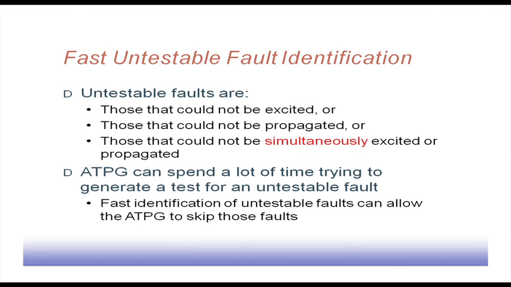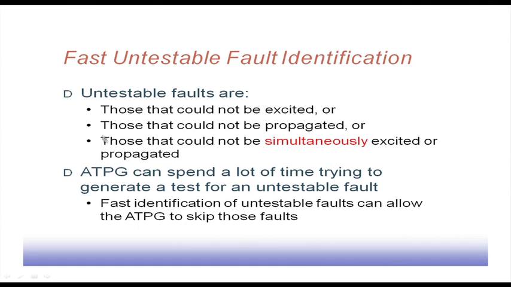This is a wastage of test generation effort. So we need to identify the untestable faults. If we can do this identification fast, it is going to help the test generation process. In fact, any ATPG algorithm you run reports which faults in the circuit are untestable, so it definitely does some analysis to figure that out.